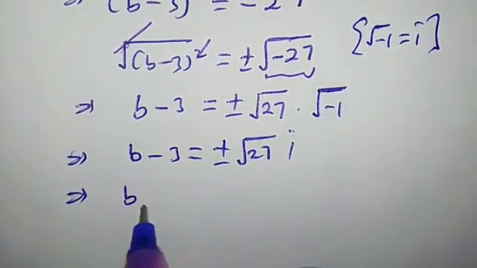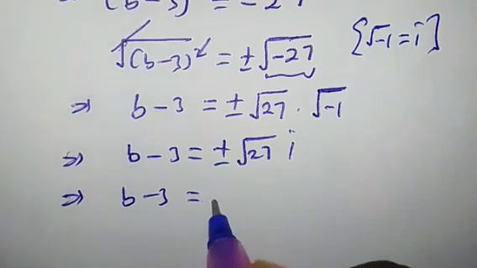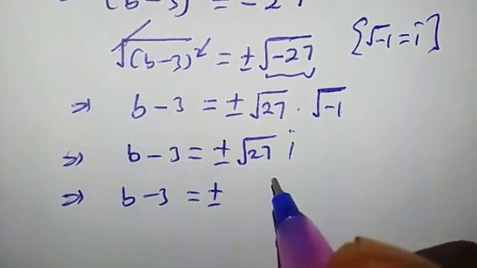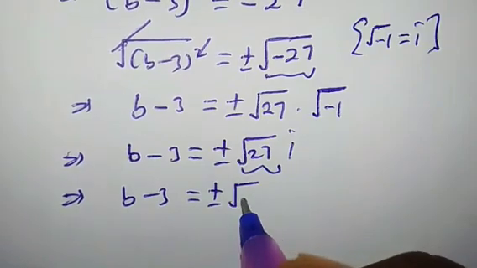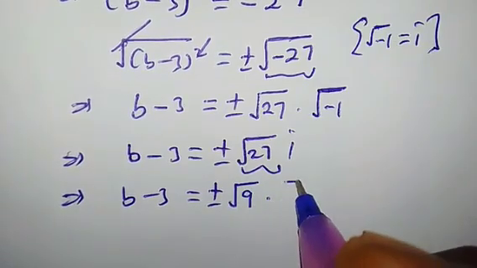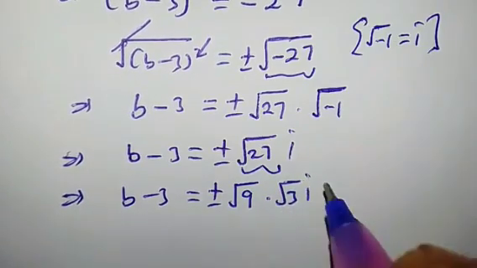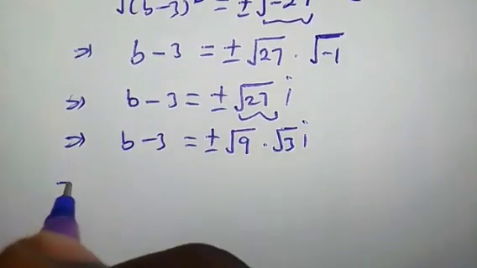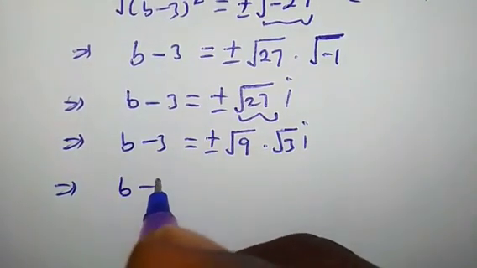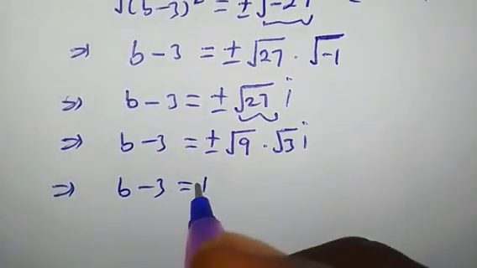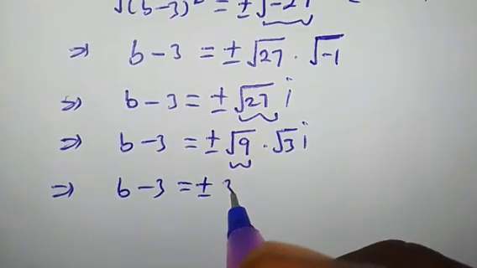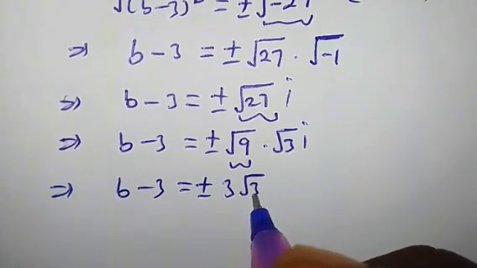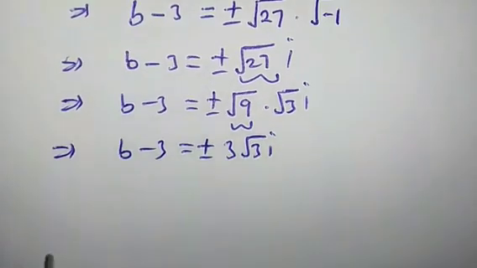This implies that b minus 3 is equal to plus or minus the square root of 27, calculating as the square root of 9 times the square root of 3 times i. This implies that b minus 3 is equal to plus or minus, what is the square root of 9? That is simply 3, times root 3 i.